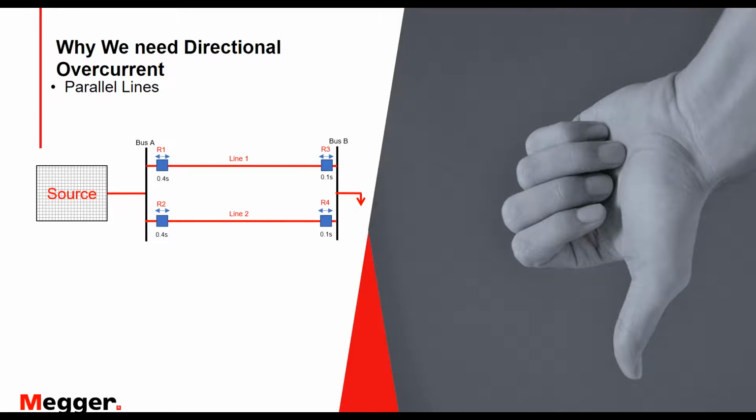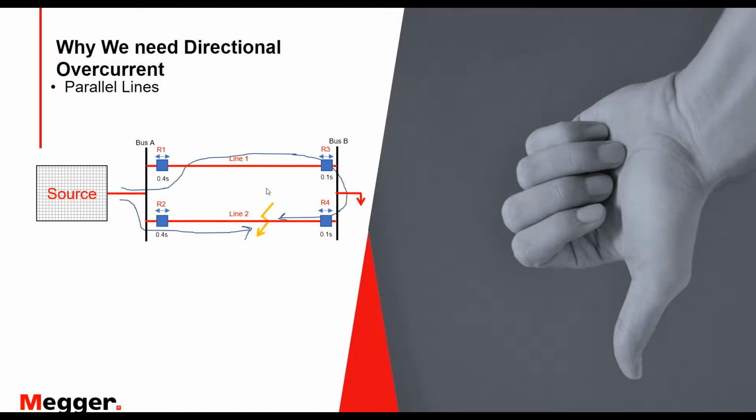The protection system, if a fault happens on one of these lines and you have a time coordination between these two sections or these two buses, the fault current, if there is a fault on line 2, will go through both lines to reach this fault.